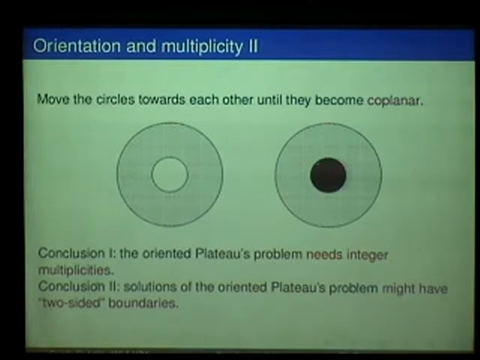But if you look at points P which are lying on this inner circle, if you zoom into a point P over here, in the limit you will see a half plane counted with multiplicity 1 on this side, and another half plane counted with multiplicity 2 on this side. Okay? So in the future, we are going to call situations like this two-sided boundaries, right?